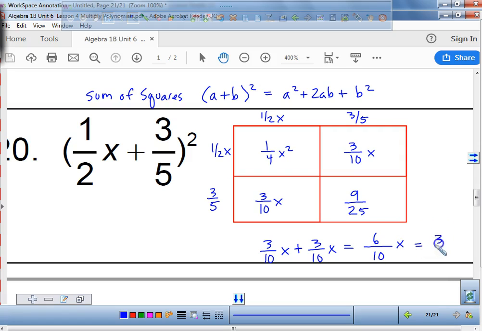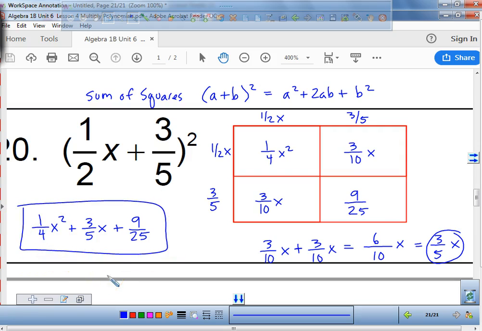Yes. So that becomes 3/5 x. So here's going to be your final answer for number 20: 1/4 x squared plus 3/5 x plus 9/25.